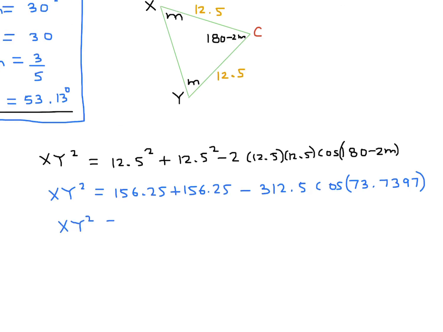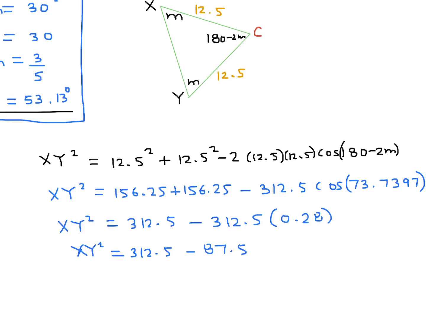So we have xy squared is equal to 312.5 minus 312.5 times the cos of that, which is 0.28, and then xy squared is equal to 312.5 minus 312.5 times 0.28, which is 87.5.